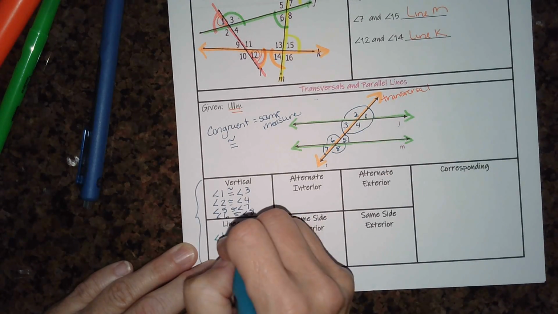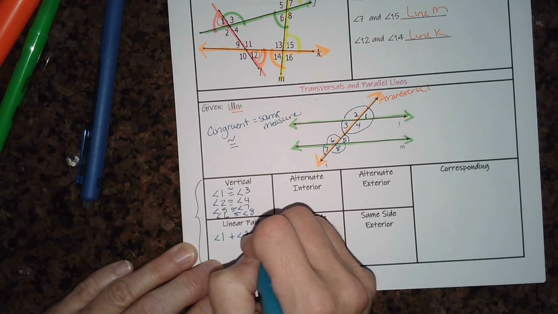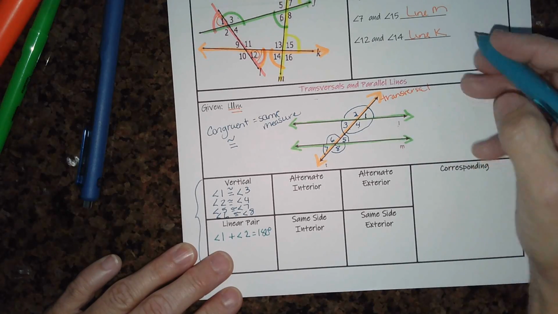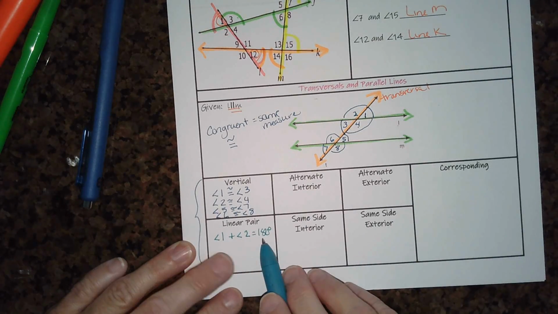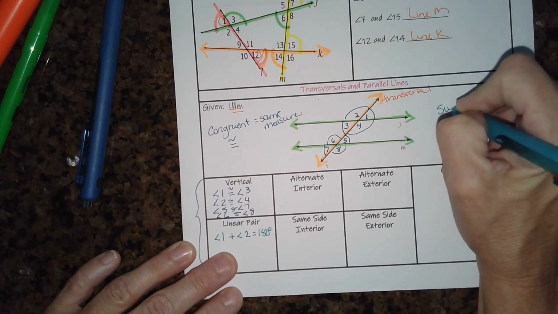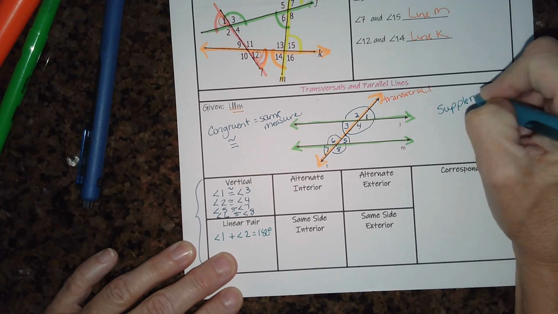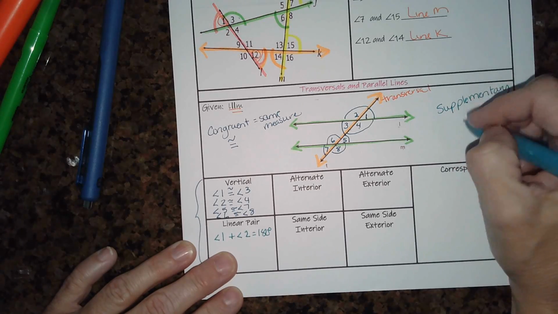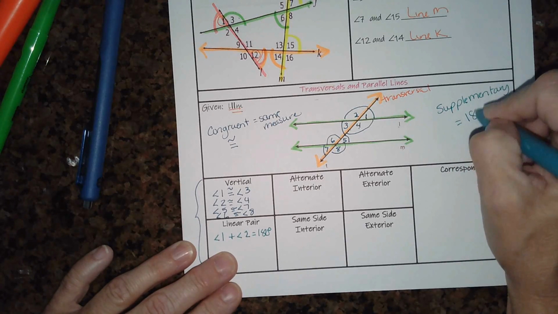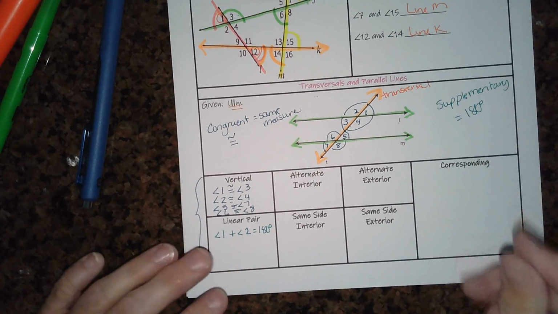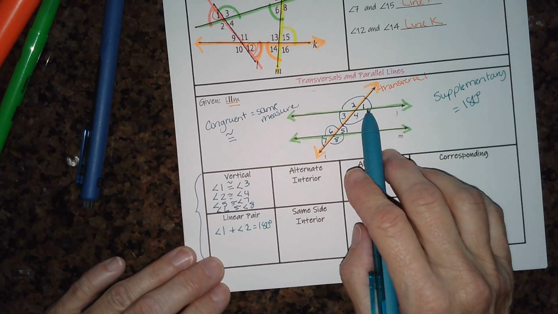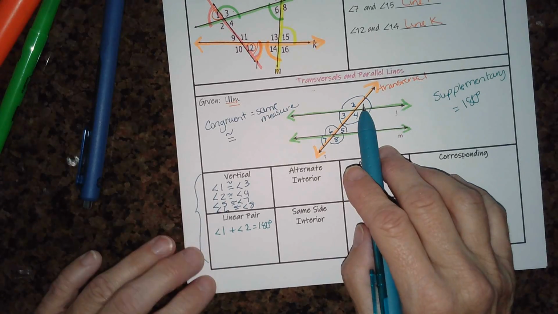Angle 1 plus angle 2 equals 180 degrees. So angles that add to be 180 are called supplementary. And supplementary angles equal 180, means they add to equal 180. So angle 1 and angle 2 are a linear pair.